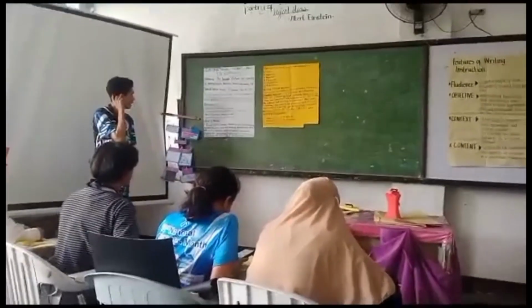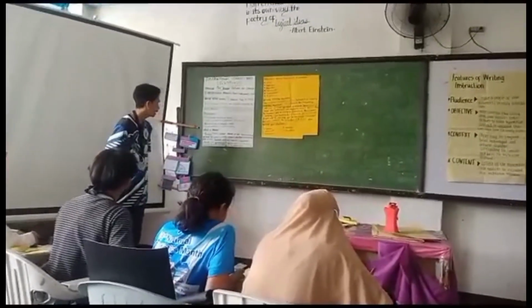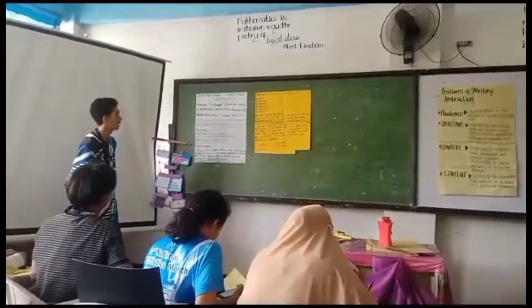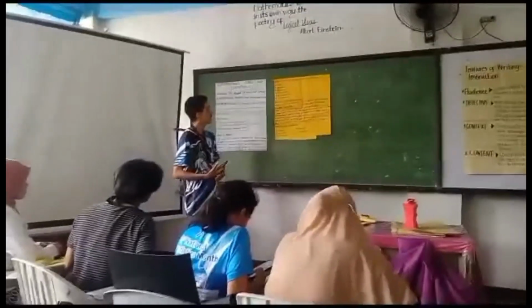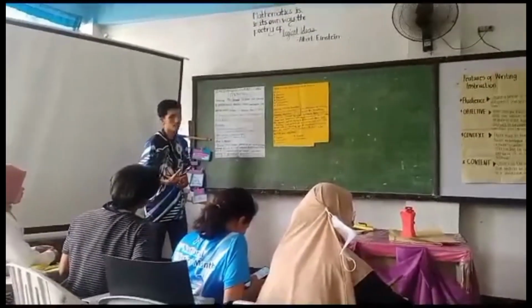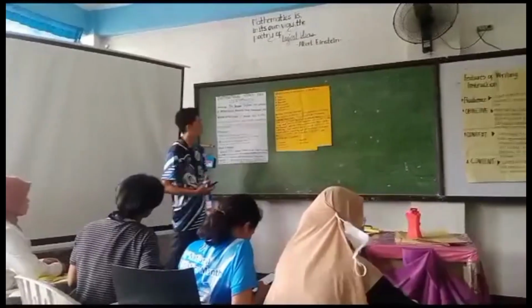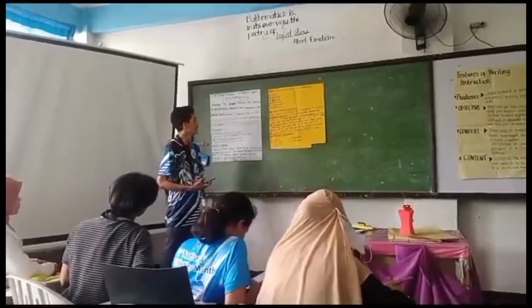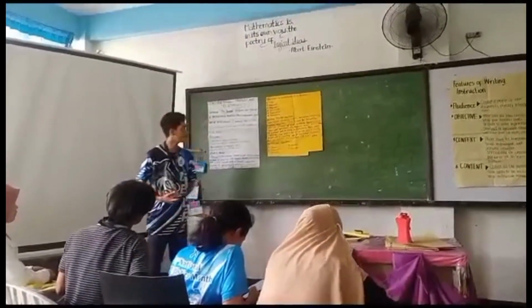So, modules are used to help students achieve their specific objective. Here are the components of instructional modules. First, title, second, overview, third, objective, fourth, discussion, fifth, evaluation, last is reference.